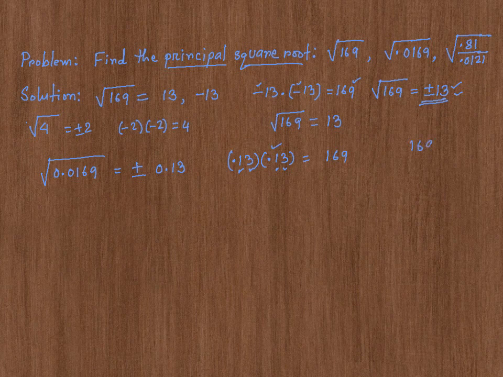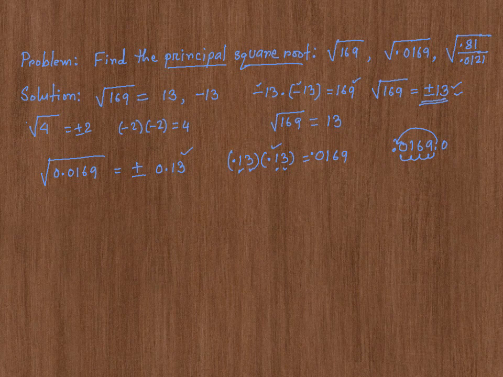I need to move this decimal once, twice, 3, 4. Since there is nothing here, I have to put a 0 here, and then the decimal is going to get moved from here to here. So this is going to be 0.0169. So this is my square root.